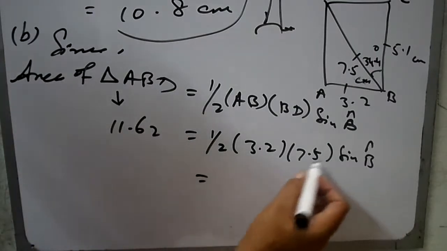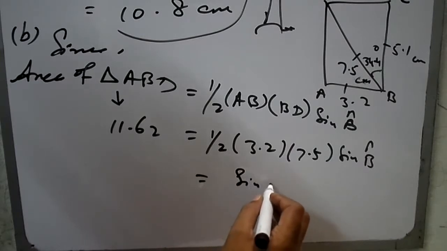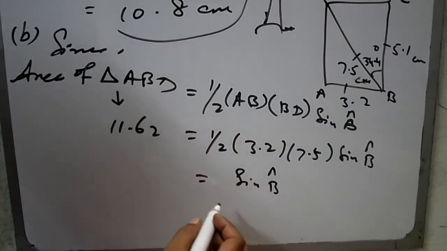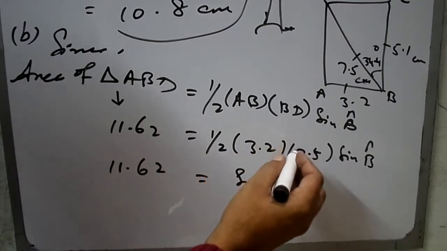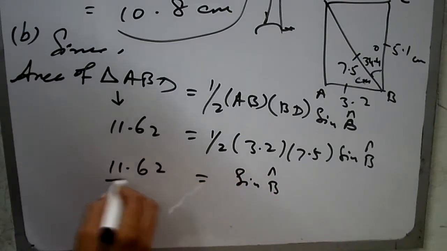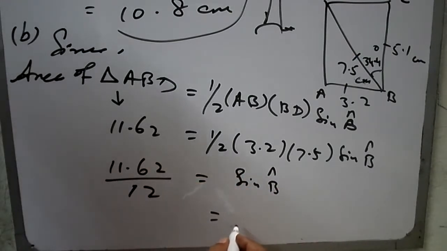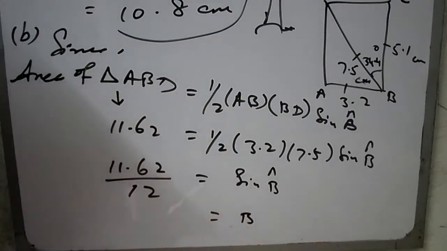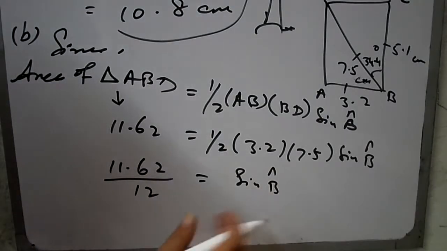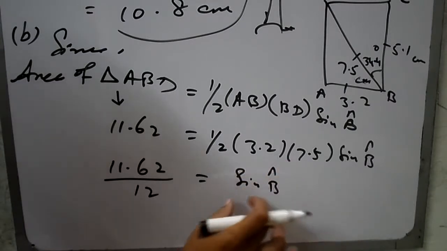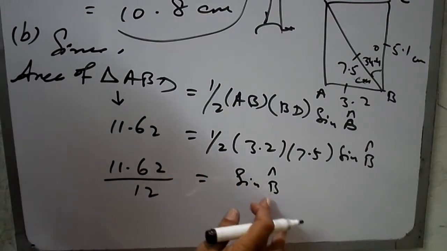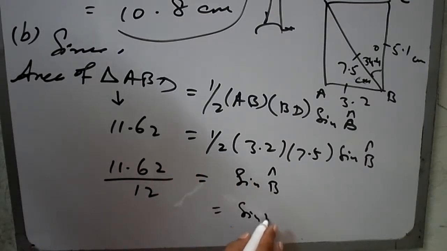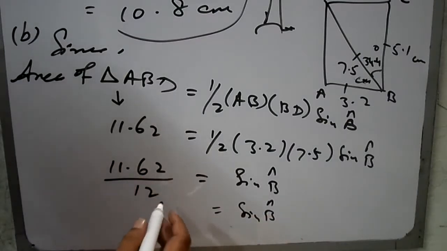So you need the value of sine B. By calculation you will get 12 and it will be divided here, so you will get the value of sine B, and this will give you 0.968.